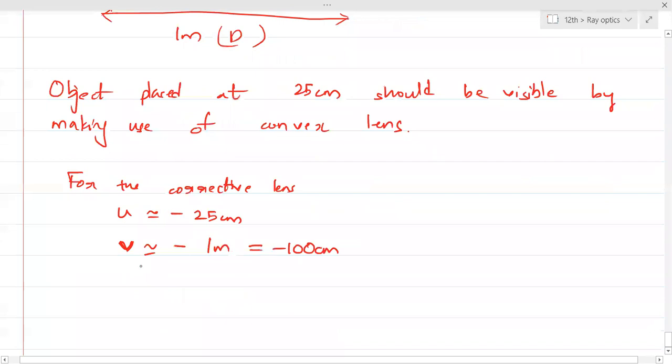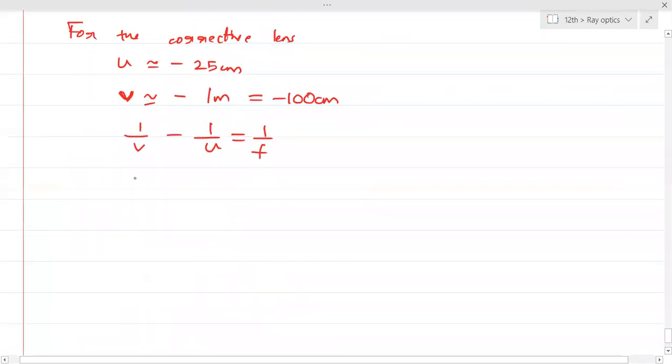Then if you have U and V, we get the focal length like this: 1 by V minus 1 by U is equal to 1 by F. Let me substitute that.